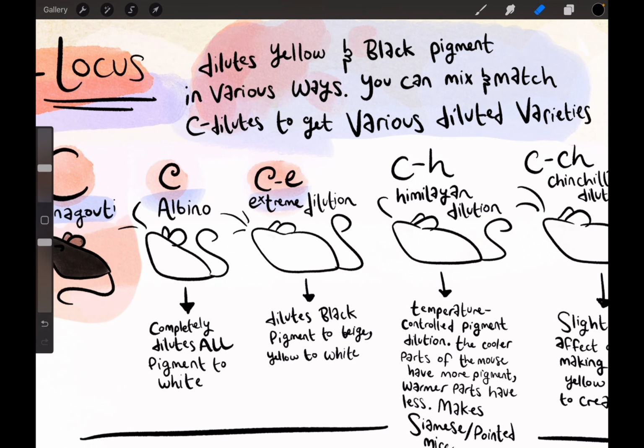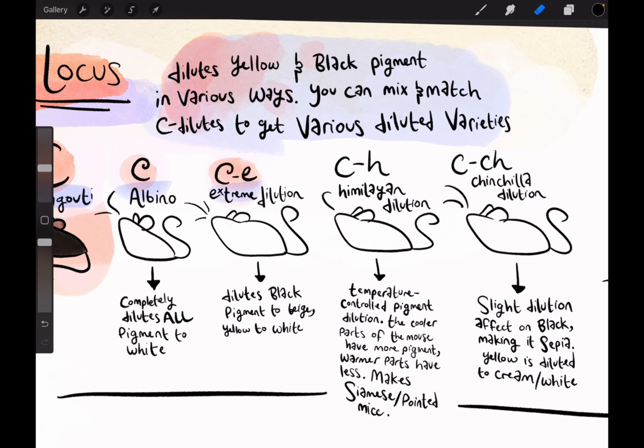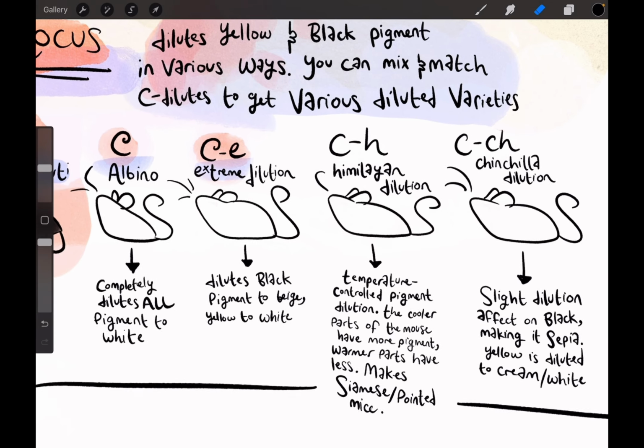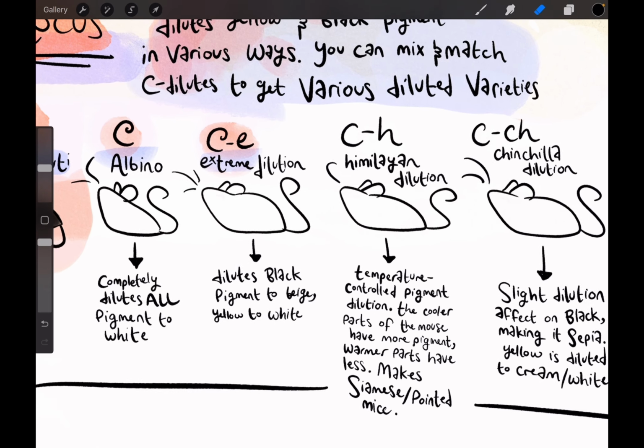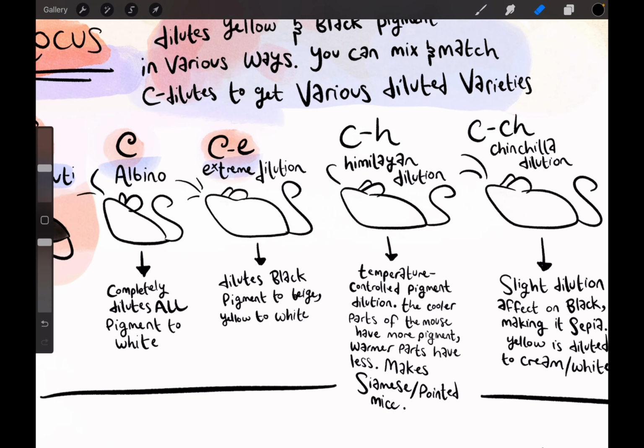You can make some really cool stuff, but that's another reason that some people feel like the C locus is daunting. But I think once you understand how each one works individually, it makes sense. And it's pretty easy to guess and figure out how they'd interact with each other.